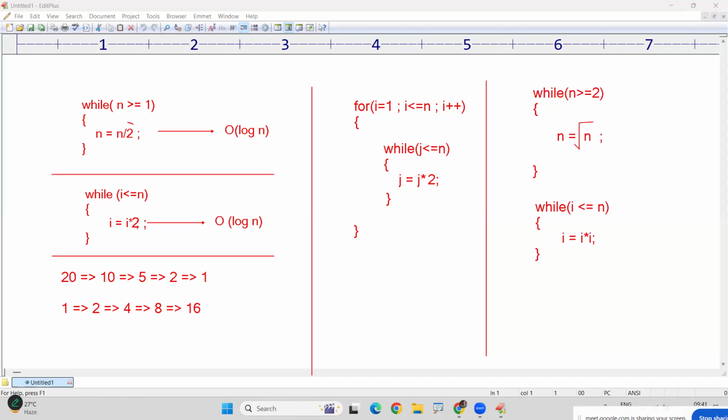Look at this. This is n by 2, this is i into 2. Both are the same. One is in decreasing order, one is in increasing order. It's a square root and it's a square, opposite. We already discussed this. What is the time for this one? Just big O of log n.